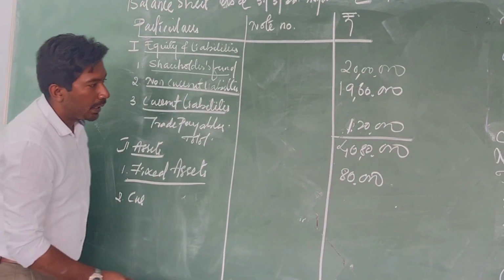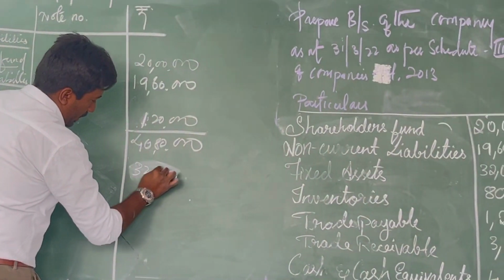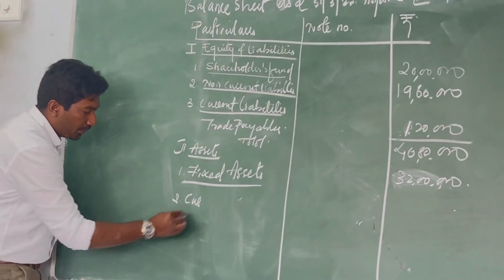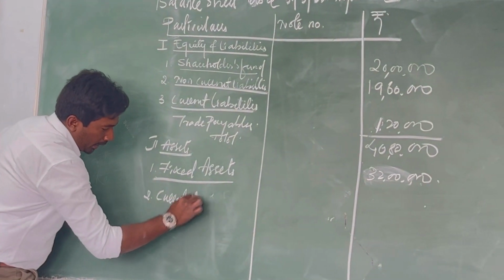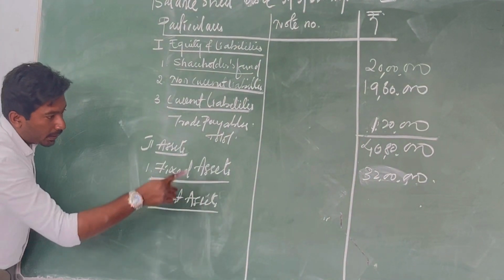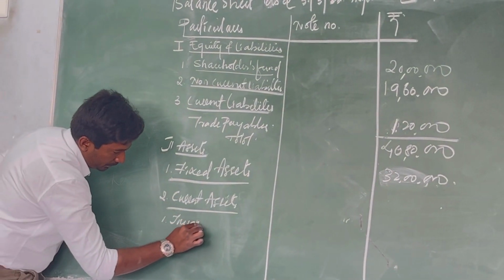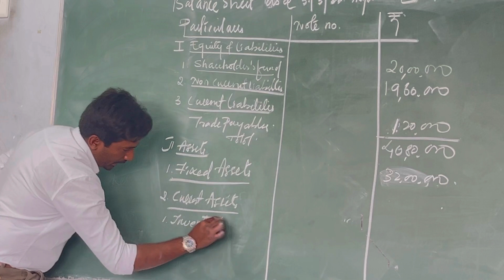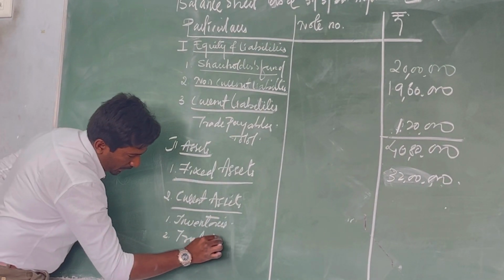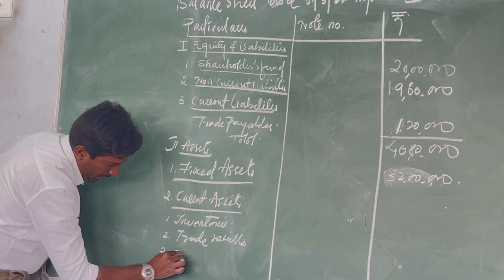Fixed assets is 32 lakhs. Done? The next we have is the last one, current assets. Under that, three items are given. First one is inventories, then trade receivables, then cash and cash equivalents.